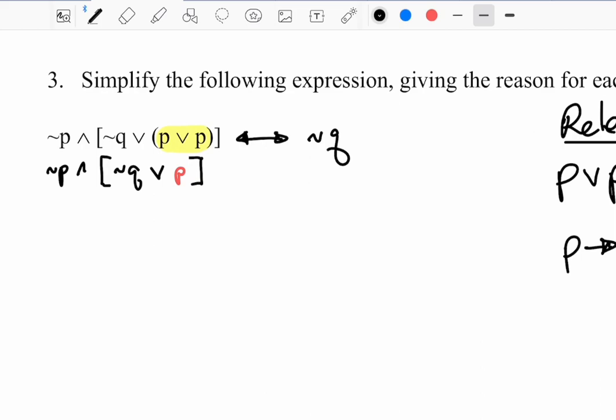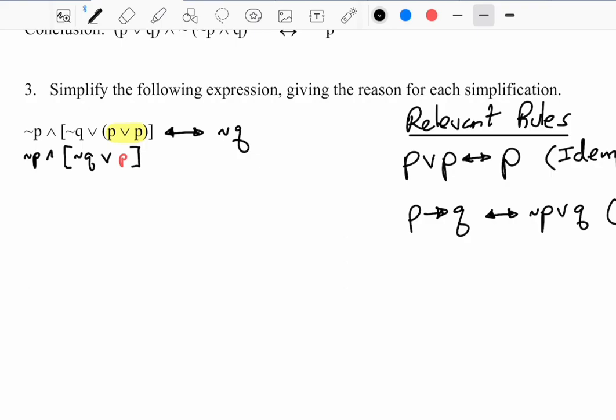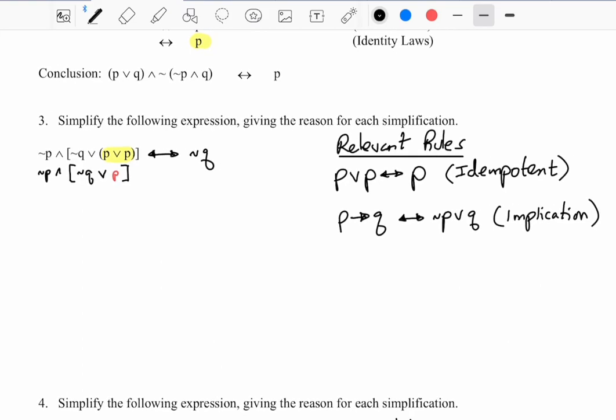That's not law of disjunctive inference or anything like that. I mean, there's other ways to tackle this, but we do have a nice law that's kind of ready to rock and roll, and that is the implication identity, or the law of implication. That tells us that not P or Q is equivalent to P then Q. So what I want to do is match this up with this and see what that'll give me in terms of an if then.